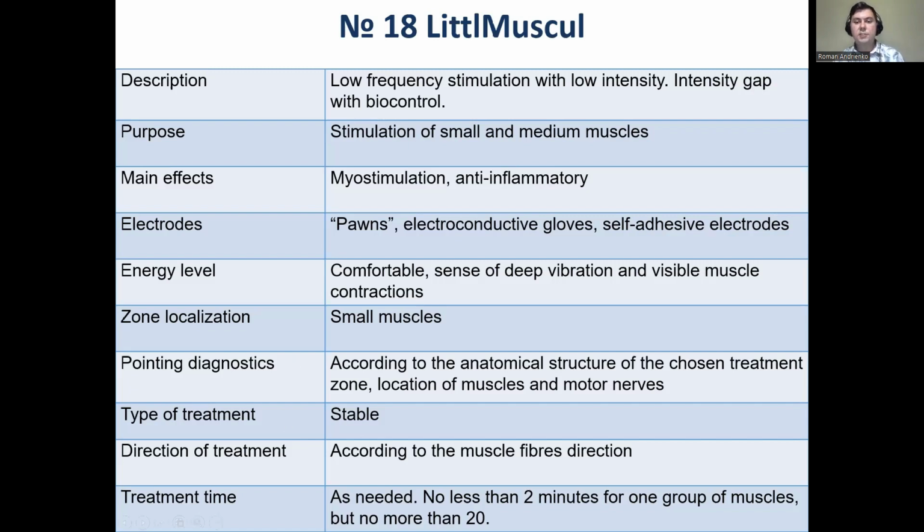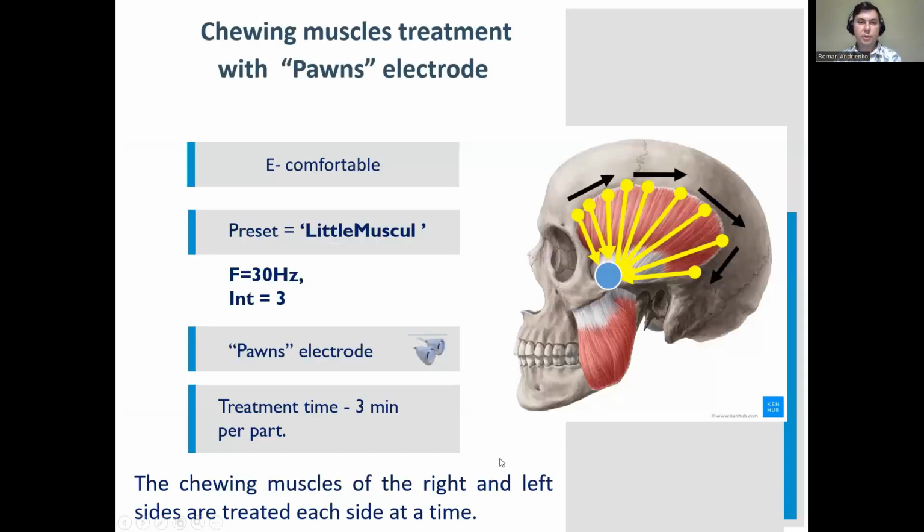We are using stable electrodes, or if we're moving, we're moving according to the muscle fibers direction. A good example here would be treating the chewing muscles with the pons electrode, putting two pons, one pon as a stable pon and another going through the direction of the fibers of the little muscles in this case.